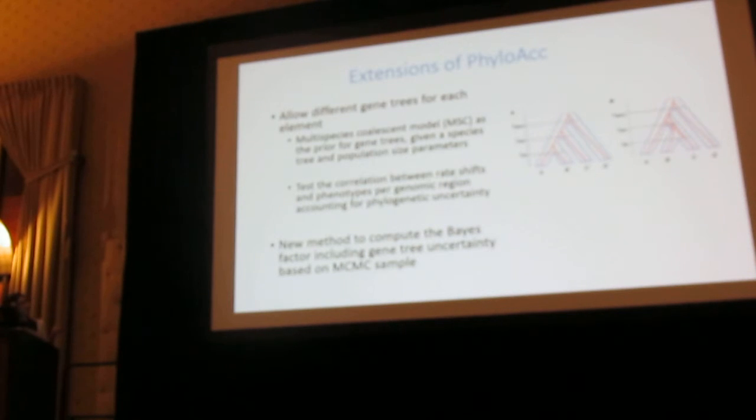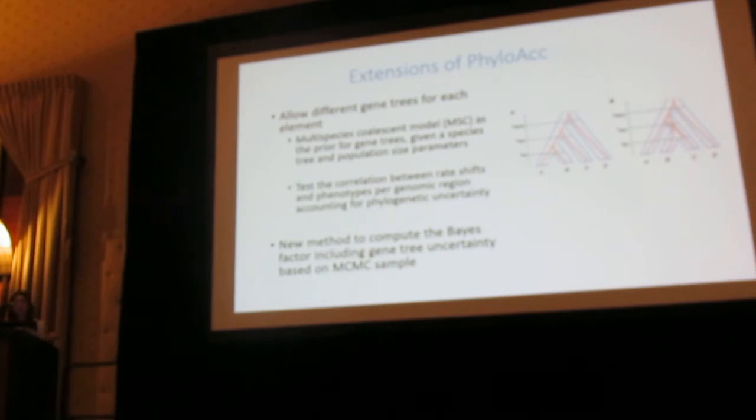And so given a species tree and the effective sample and population size parameters, we use the multispecies coalescent model as the prior for our gene trees, and then we test the correlation between the sequence rate shifts and the phenotypes, accounting for the phylogenetic uncertainty.